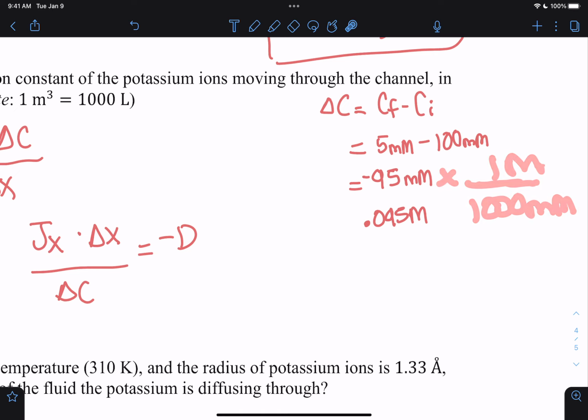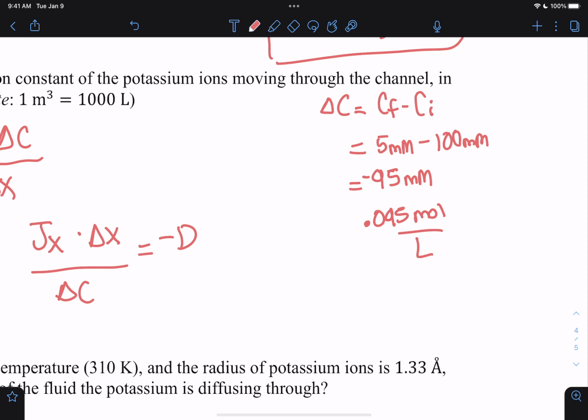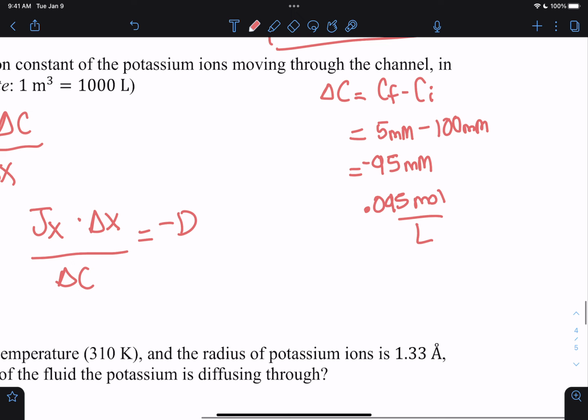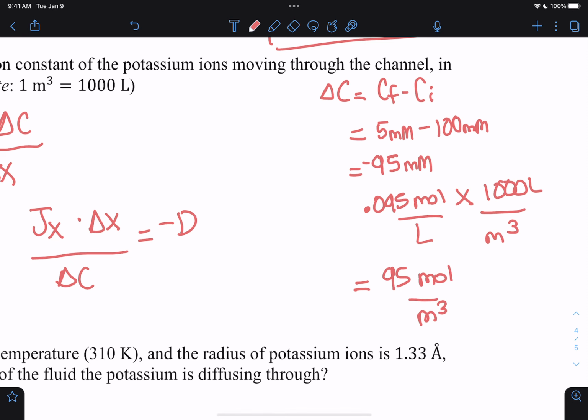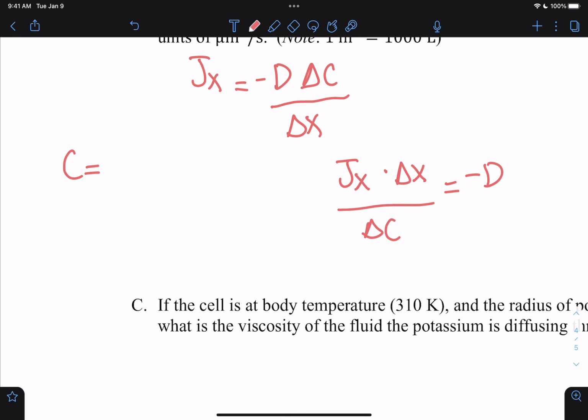So that gives us 0.095 molar, which is moles per liter. And then 1,000 liters is 1 meter cubed, so times 1,000 liters divided by meters cubed. And that brings us back up to 95 again, 95 moles per meter cubed. Because remember, the proper SI units for concentration would have to be moles per meter cubed or ions per meter cubed, or particles per meter cubed or whatever.